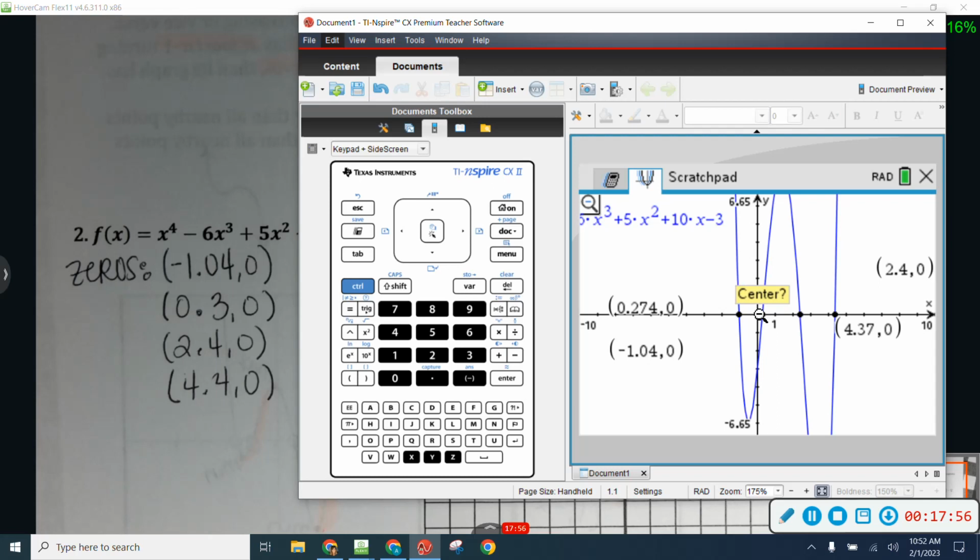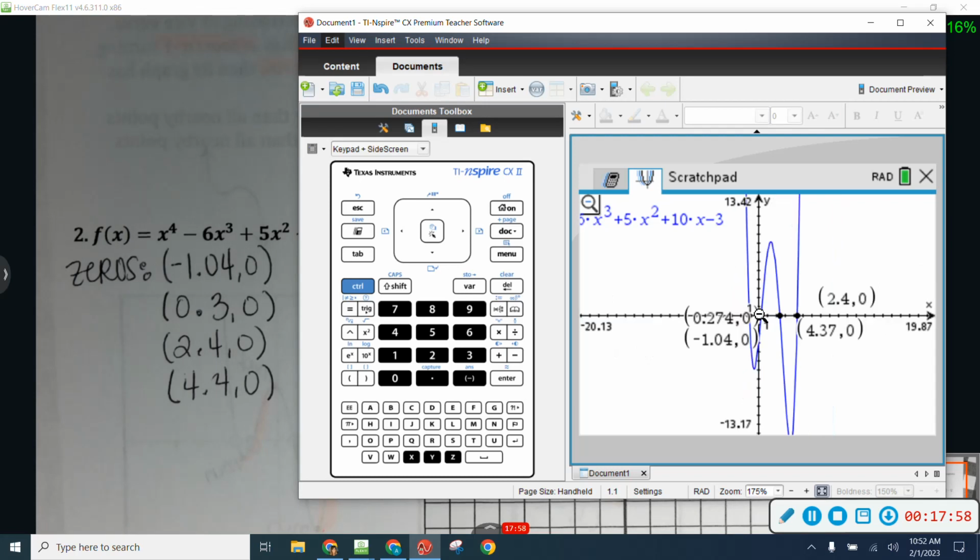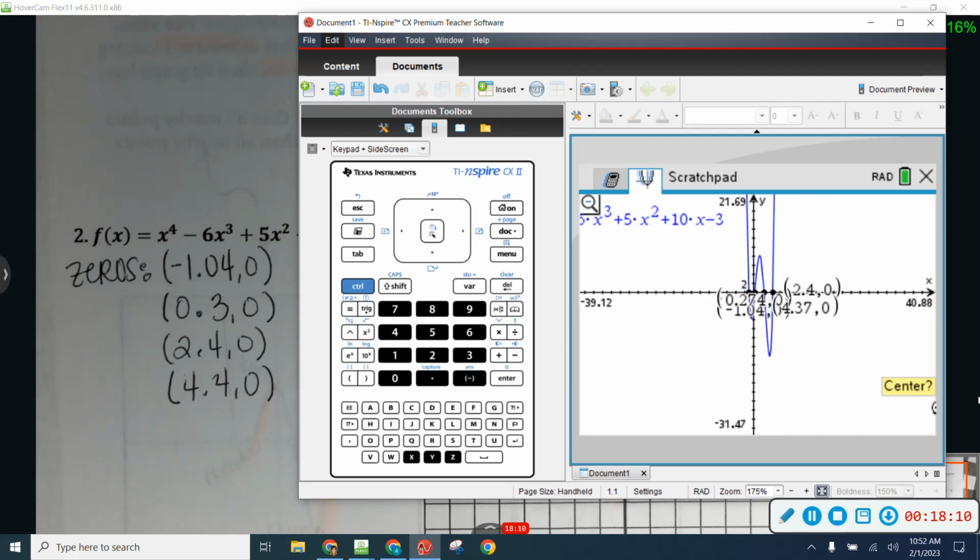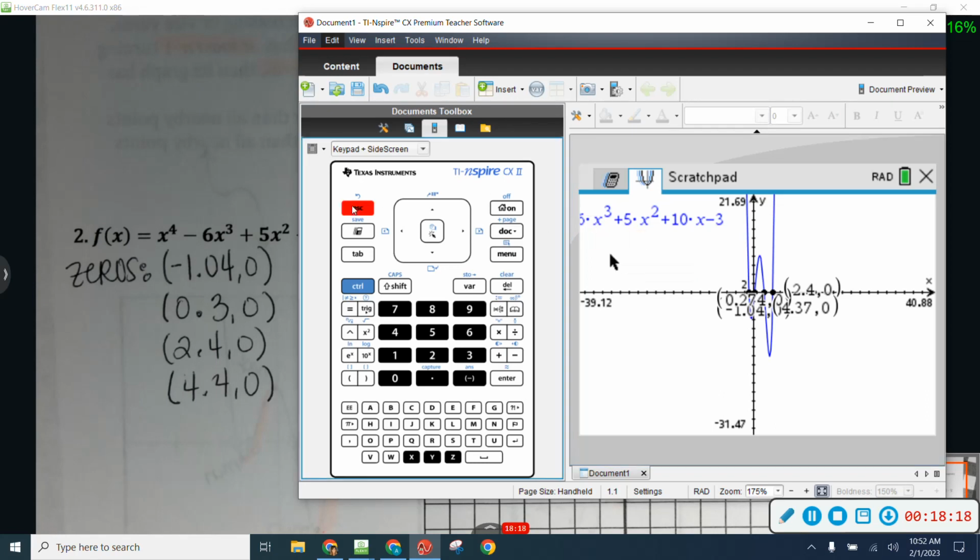And I'm just going to click on the center because that keeps it centered. I'm going to zoom out from my origin. If you need to zoom out some more, do it again. Okay? To get out of this zoom, see how my thing is still with that hourglass? Hit escape and it will make it go away.